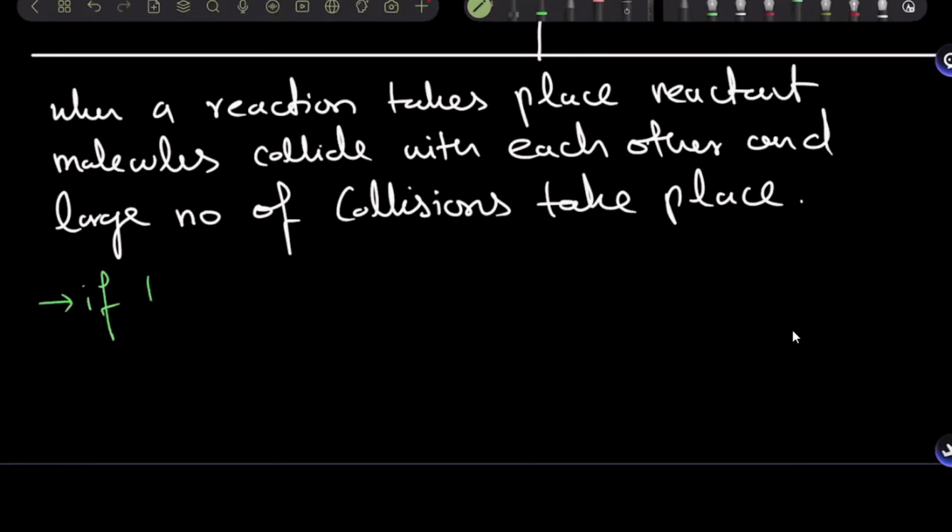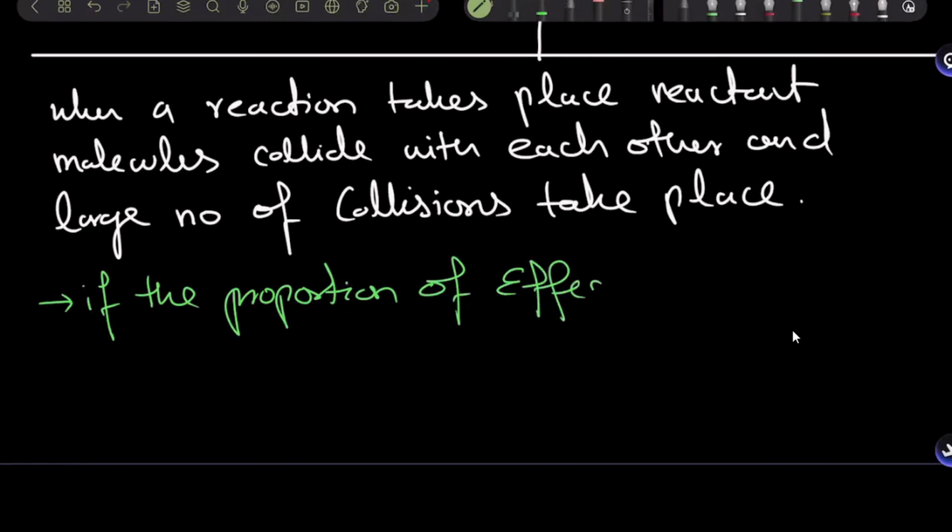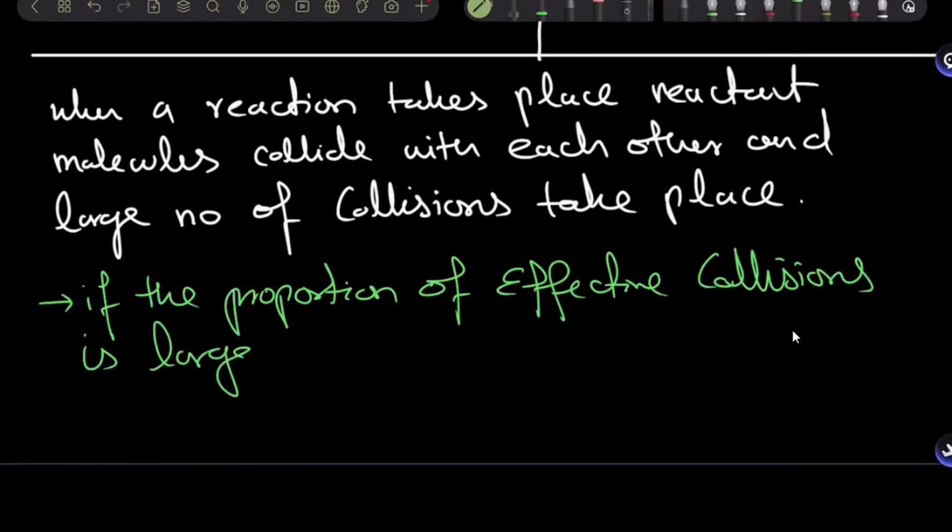Now, if the proportion of effective collisions is larger than ineffective collisions, in other words, or in lay language, you can also call this fruitful and unfruitful collisions, right?